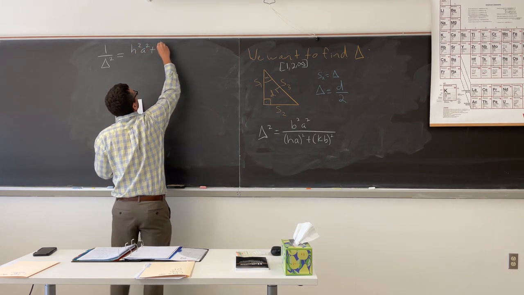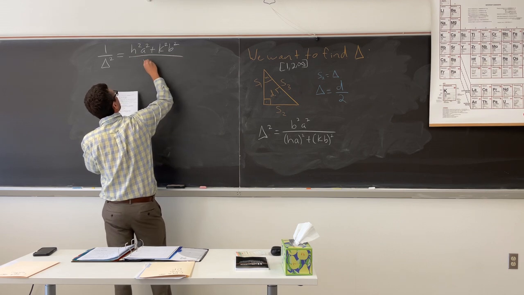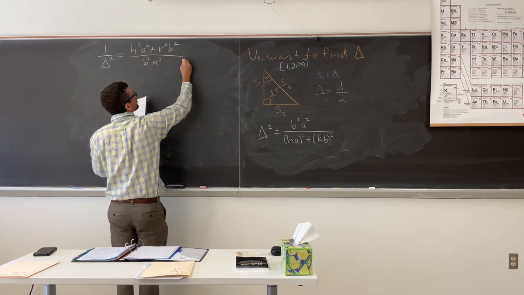A squared plus k squared b squared all over b squared a squared.